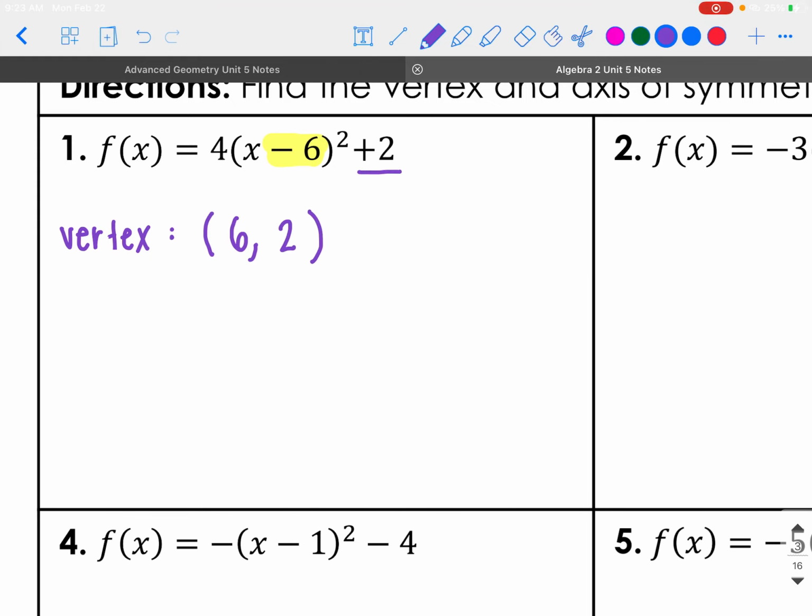You do not take the opposite of the y value, this number out to the side. You only do the opposite of the one that's in the parentheses. And the axis of symmetry, you have to put x equals, and it's x equals 6. It's the x value of the vertex.